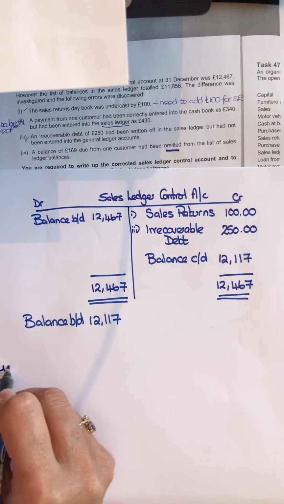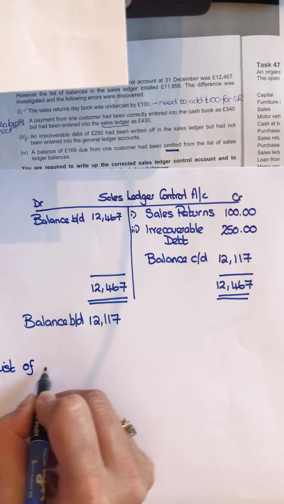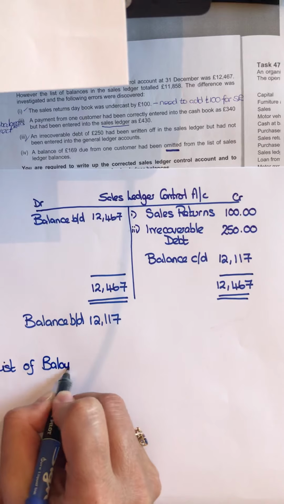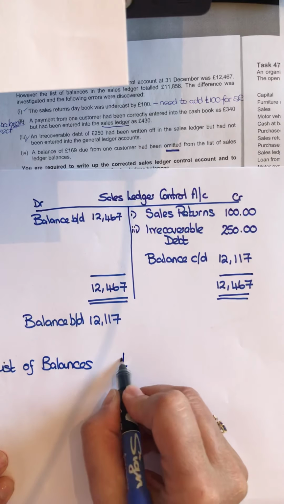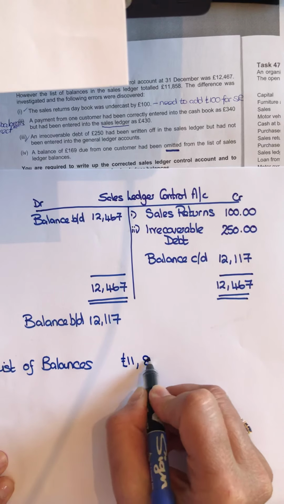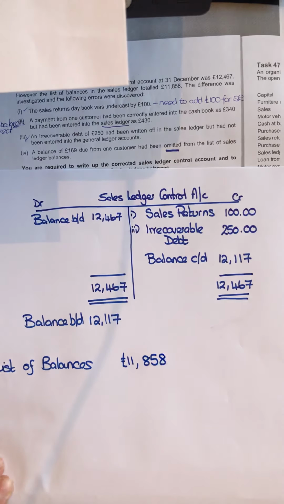So the question says we've got a list of balances and it tells us that the total was £11,858. Now bullet point 2 says a payment from one customer had been correctly entered in the cash book. So that's a book of prime entry, and we know that then the double entry must have been correct but it had been entered in the sales ledger as £430.